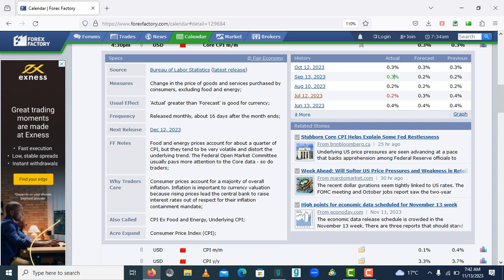When you come to July 12th, 2023, you will find that the forecast was 0.3, but the actual was 0.2%. Actually, it has been highlighted using red to mean that one was bad for the currency. Green, good for the currency.